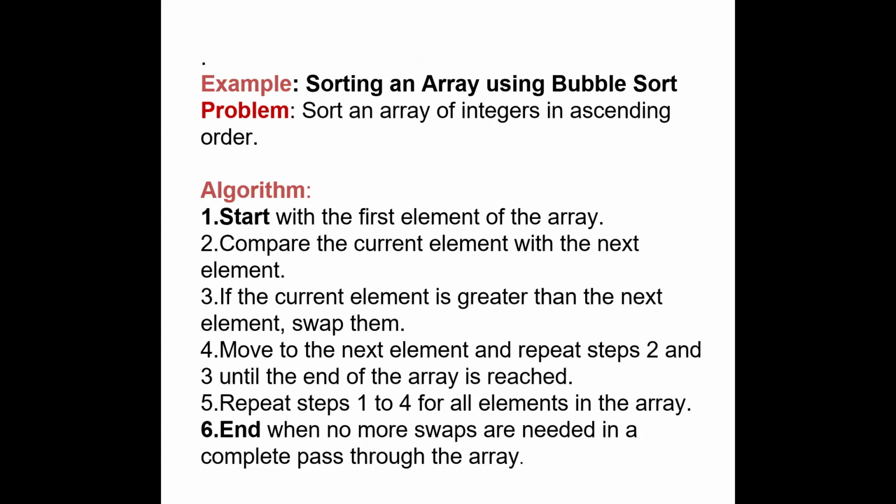The first algorithmic step is start with the first element of the array, compare the current element with the next element. So in bubble sort, what do you mean by bubble sort? What is the literal meaning of bubbles? Say for example, in a water tank, or some lake, or some river body, if you throw a stone, it will create bubbles, or it will go in layers.